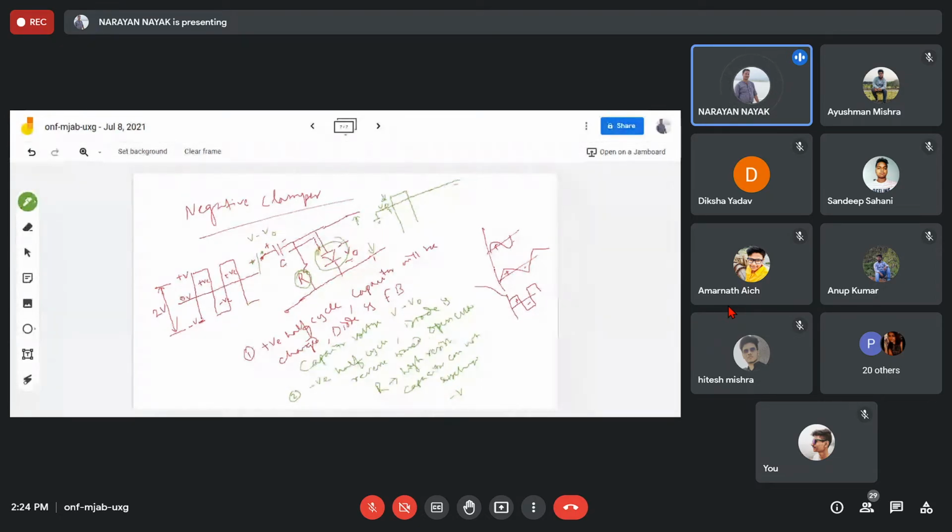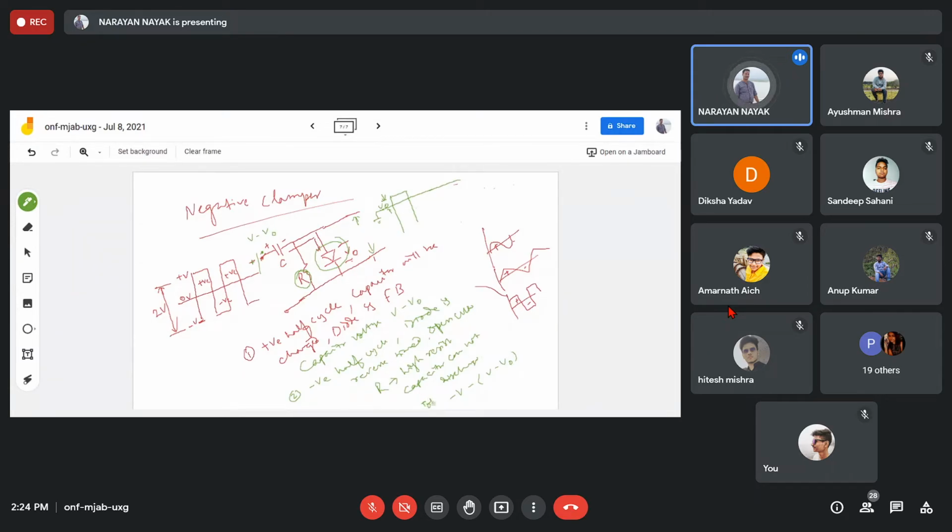Because it is open circuit, the total voltage will appear across the output side. Minus V, and this is your negative. We'll consider this side, so it is minus V minus V0. Now what is the total voltage you got?